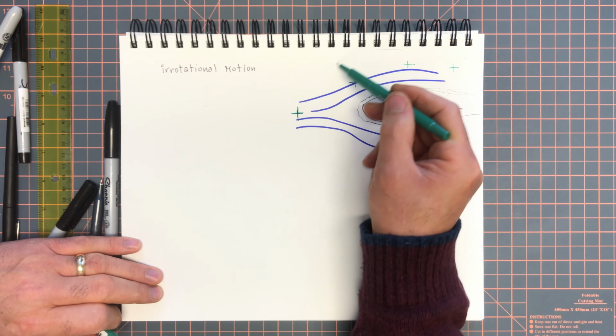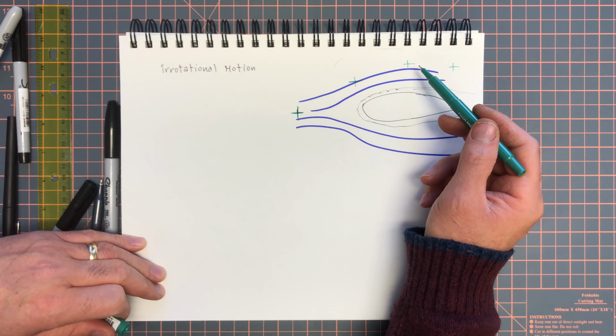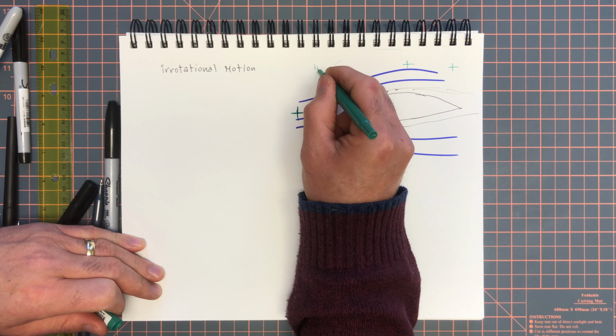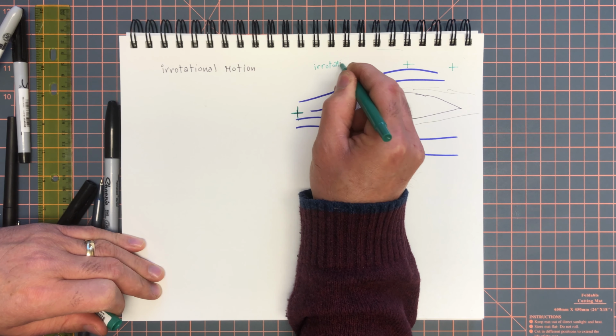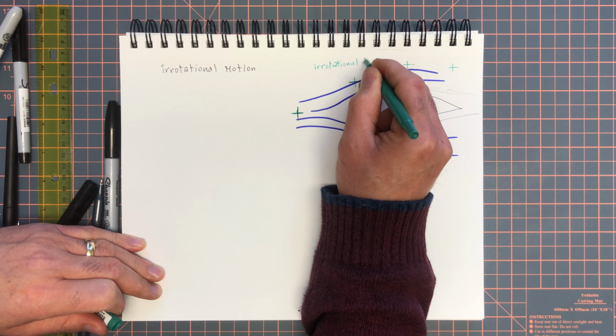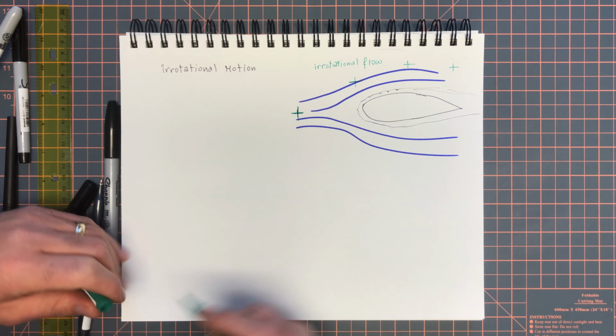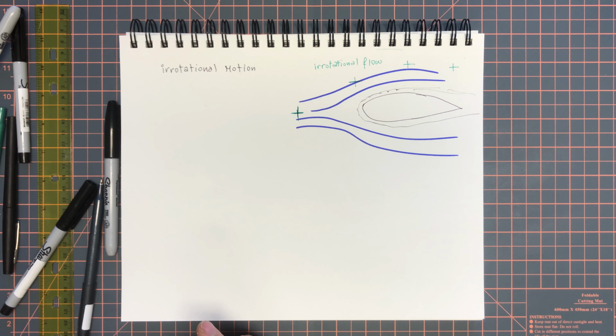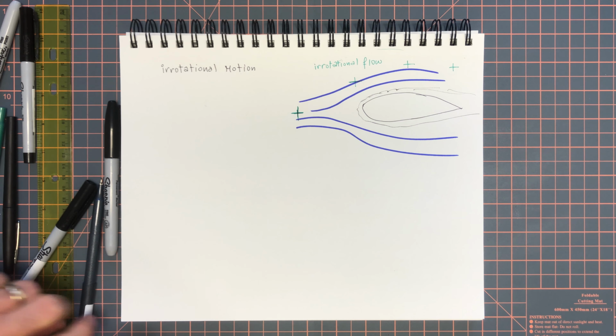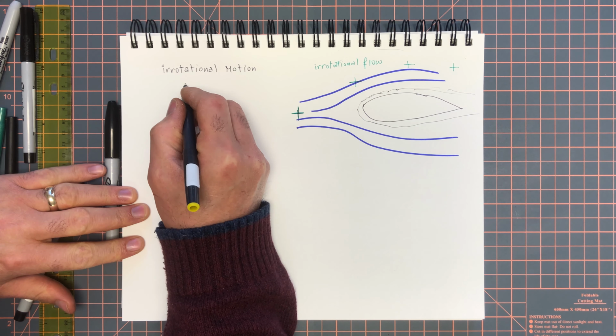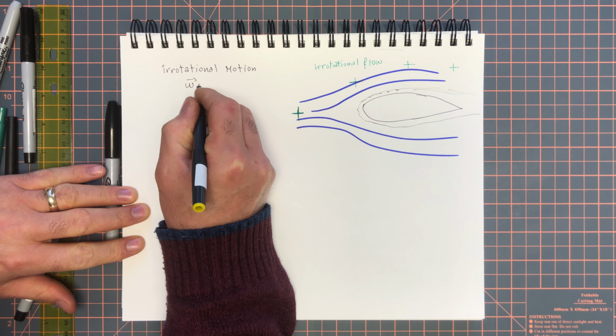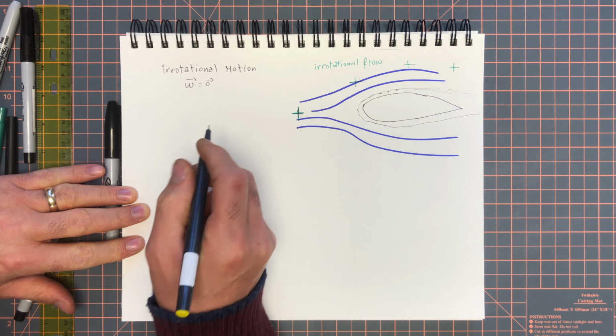And so this entire region consists of what's called irrotational flow.